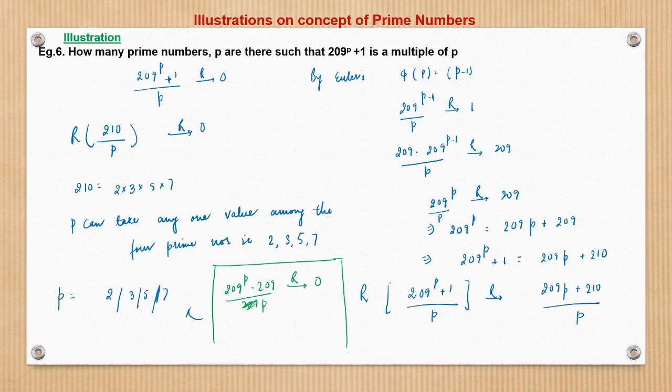So 209 raised to power p plus 1 minus 210, remainder would be 0. So from here I can say that the remainder of 209 raised to power p plus 1 by p would be nothing but the remainder of 210 by p. That is what we did, remainder of 210 by p.